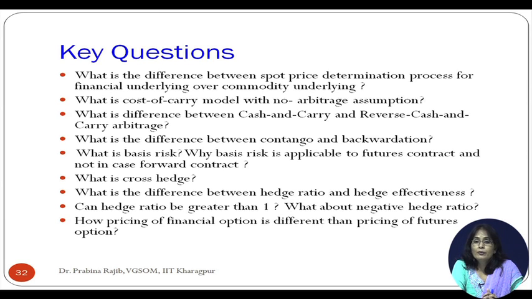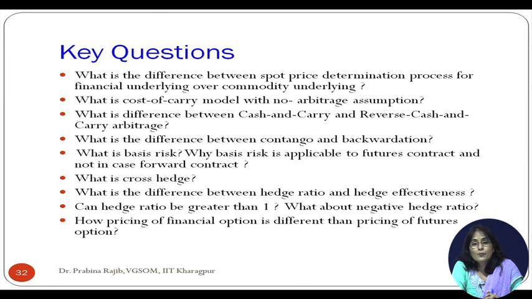Similarly, if this cost of carry model does not hold true, then arbitrageurs can take cash and carry and reverse cash and carry arbitrage positions. So how exactly it is done, that should also be clear. What is the difference between contango and backwardation, and why do contango and backwardation happen? What is the logic behind contango and backwardation?